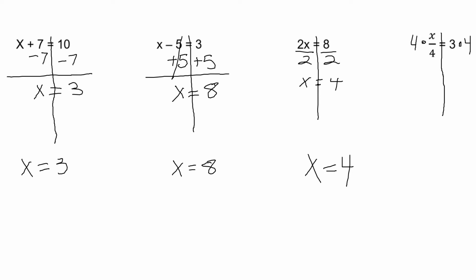Okay, so 4 times a division of 4, or 4 times 1/4 is 1. So that's just x, or 1x, but I'm just going to put x because I don't need the 1 in front. And 3 times 4 is 12. So we have x equals 12.